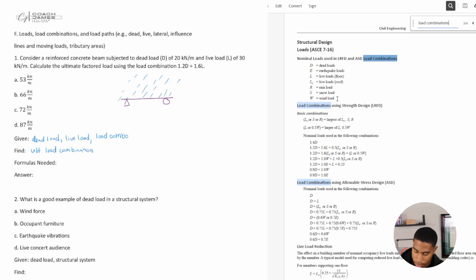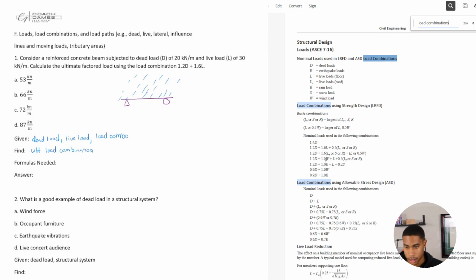This is just random, right? But I'm just trying to explain that, for this particular beam, you're going to have a rain load. And so in some of these combinations here, it accounts for these different types of things, right?